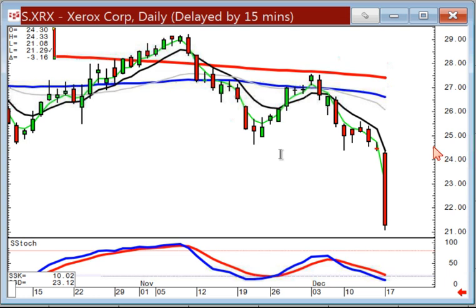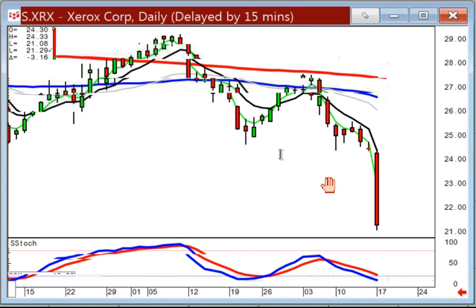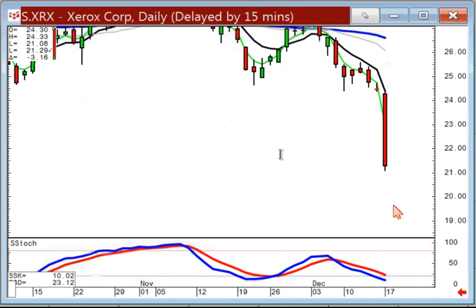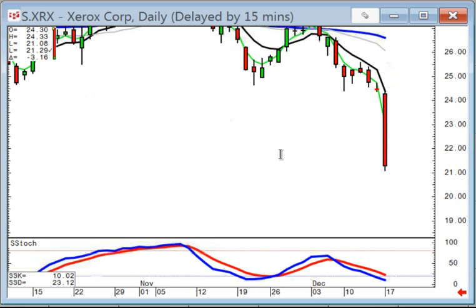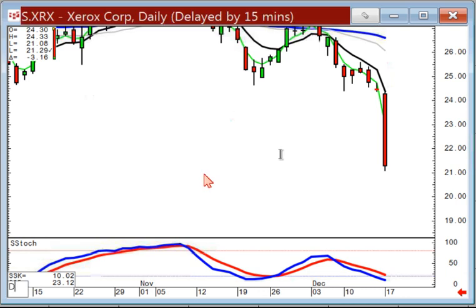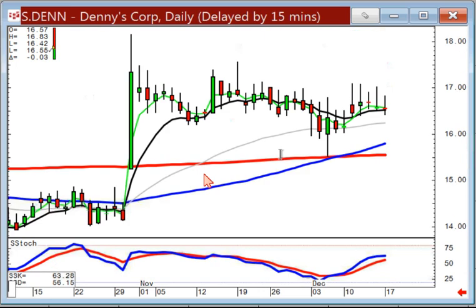There's a bearish doji sandwich on Xerox, wave 1, wave 2, big move to the downside. You're in the oversold area. Now you start watching to see if there's any buying occurring down here. Denny's, nothing. No direction. I wouldn't be long or short on this one.